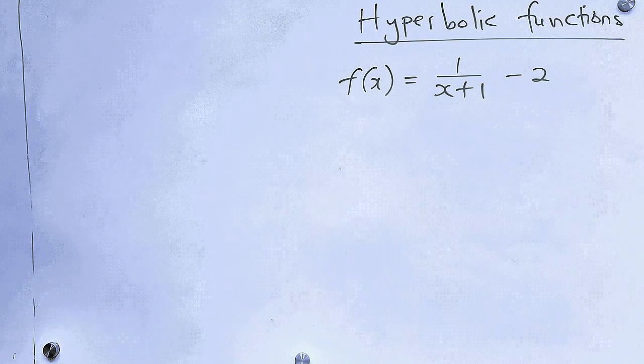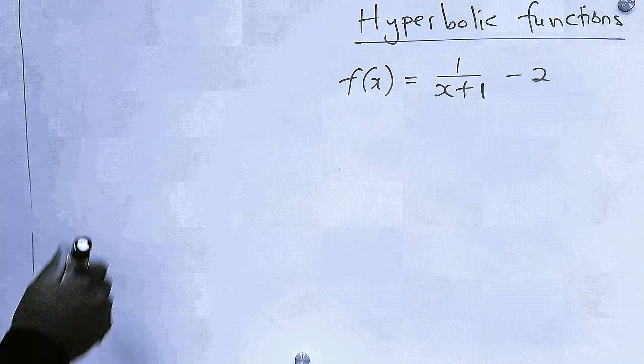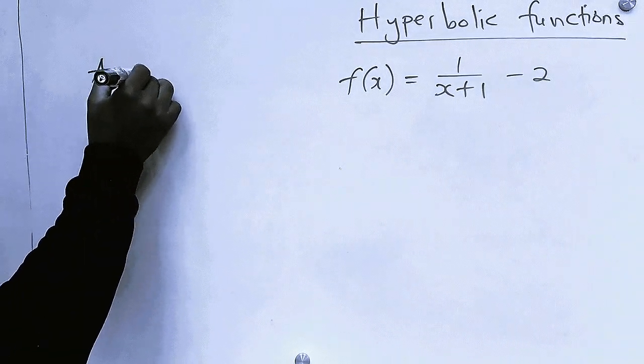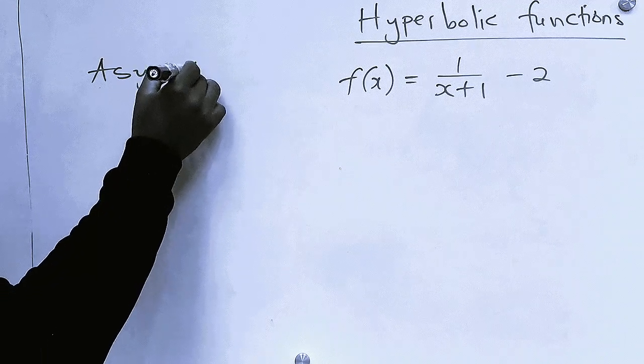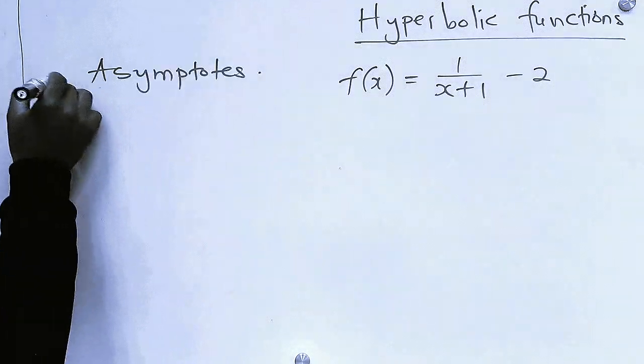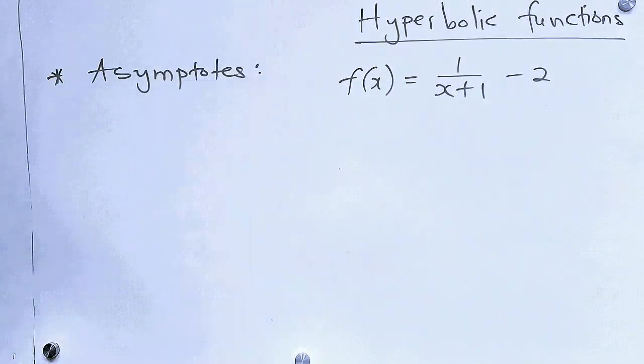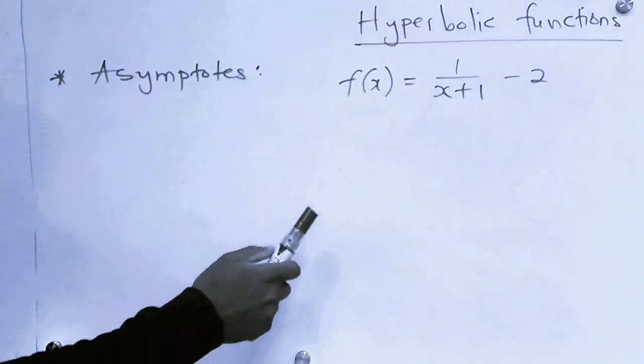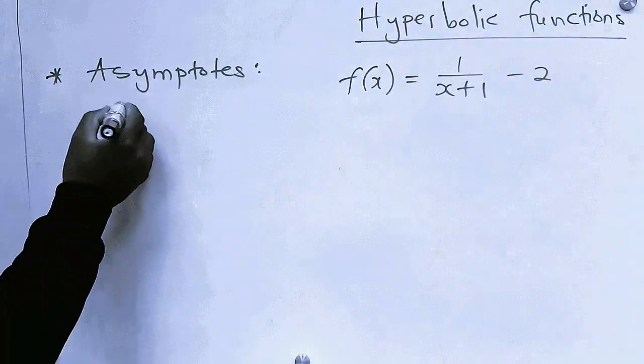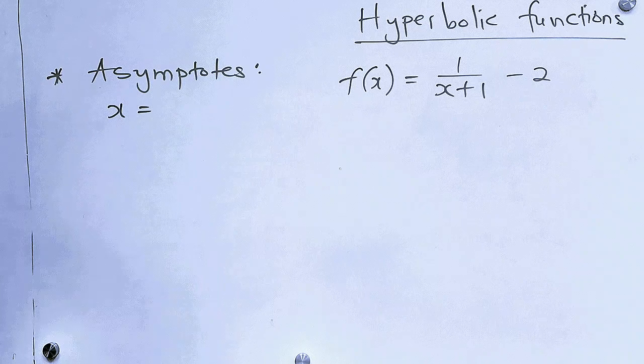Now I came up with an example, so let's see how we find our asymptote lines and how to sketch the graph. For us to find our asymptote lines, remember I said our x asymptote is x is equal to negative p.